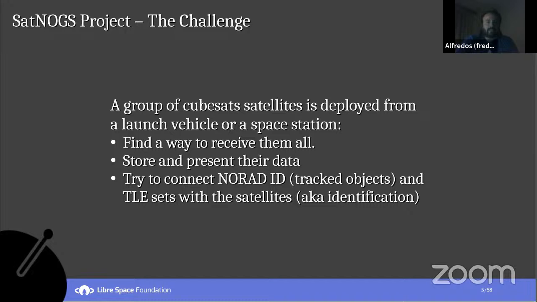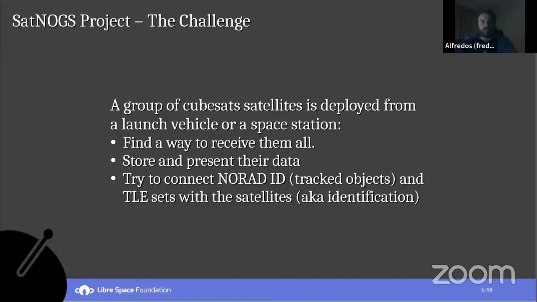And the TLE, for each of these objects, is orbital data expressed in two lines of text and numbers that define the orbital parameters for these objects, most of which are satellites, but we don't know from the radar which satellite is which object. So the challenge is also to identify which satellite is which object.